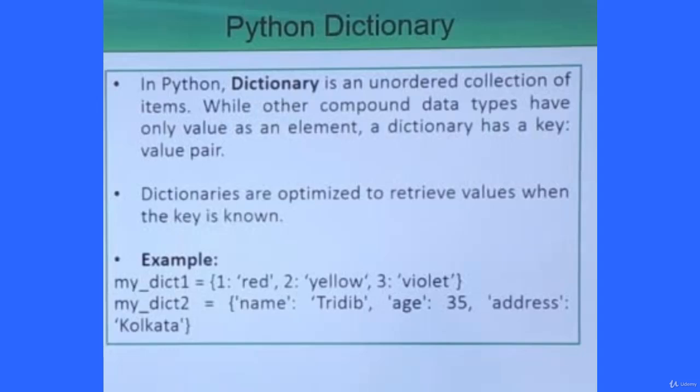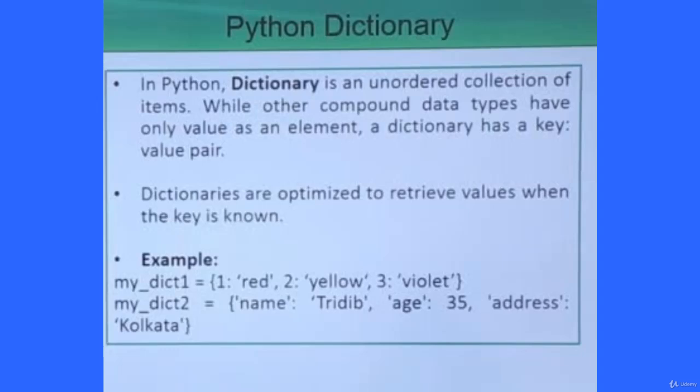So what is 1? That is a key. What is the value? That is 'read'. Is read a string? Yes, so it should be enclosed within single quotes. And this key value pair must be separated by a colon. Then comma, and we have the second member, the third member, and so on. Each and every member is nothing but a key value pair.